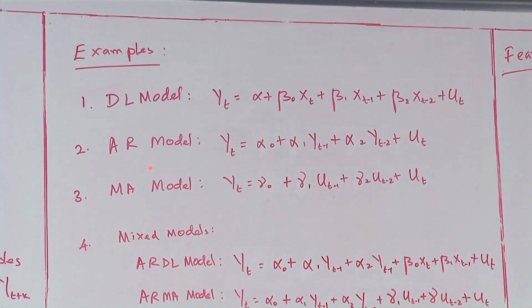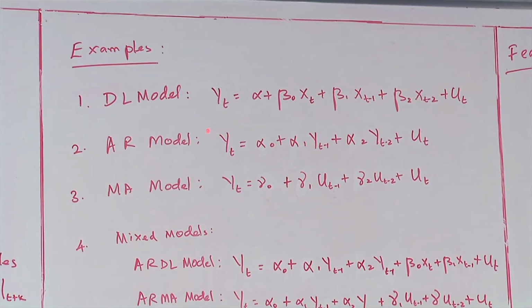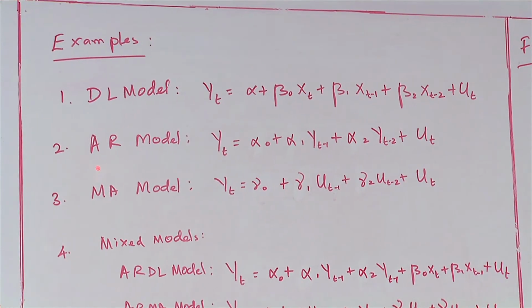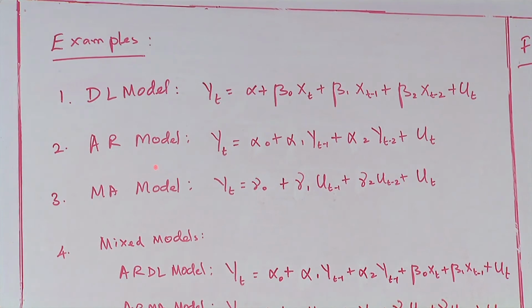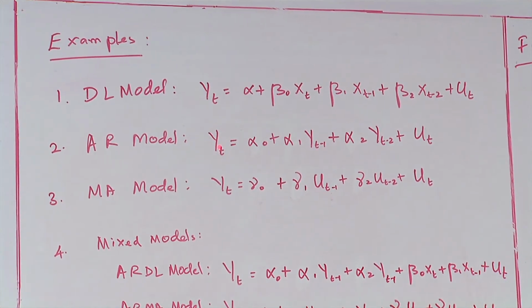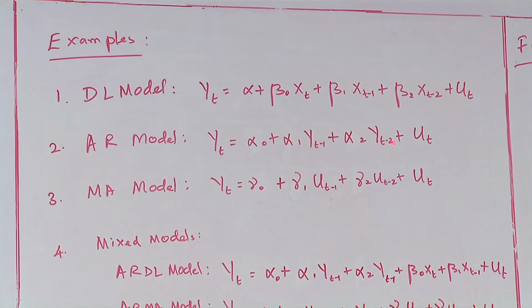Let us take the second one, the AR model. This is the autoregressive model. The autoregressive models will contain the lagged dependent variables. For example, if yt is the dependent variable, the model contains lags of the dependent variable as independent variables. Just look at this, yt minus 1 and yt minus 2 come on the right hand side of the regression model. This is an MLRM with yt minus 1 and yt minus 2 as independent variables.